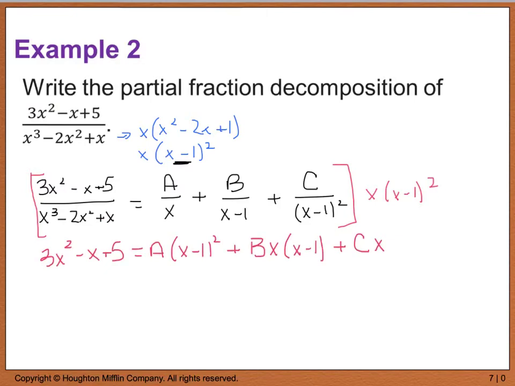So now, because I have linear factors, this should work out pretty nicely. If I set x equal to 1, I see that I'm going to be able to cancel out my A term and my B term.